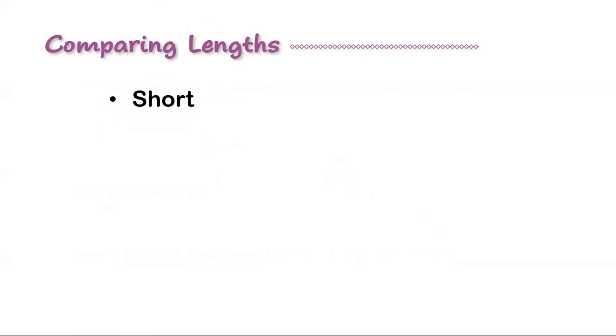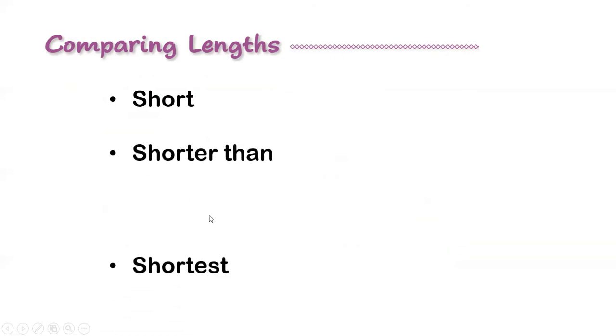Now, sometimes we may have some things that are already short. All of them are short. So we can compare them using short, shorter than, and shortest. We can say it again: short, shorter than, shortest.